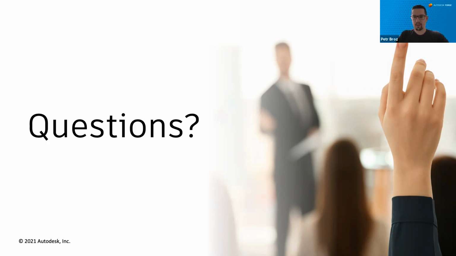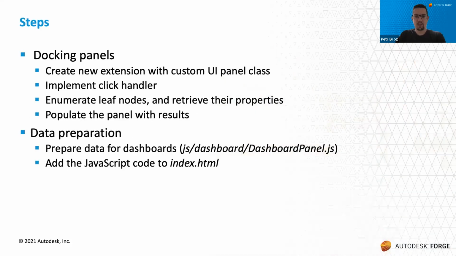And if there are no questions for now, we can move on to our task for session 3. So what we're going to do now is add yet another extension that will this time expand our knowledge of the viewer APIs by creating additional UI elements, specifically a panel that looks similar to the properties panel that is enabled in Forge Viewer by default.